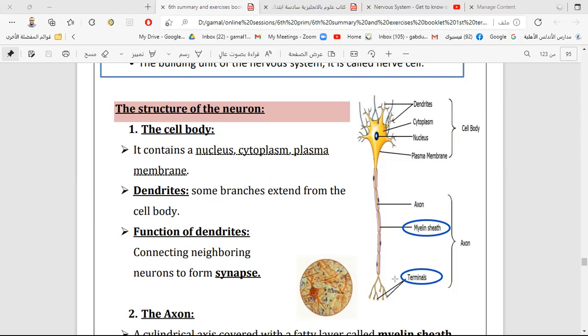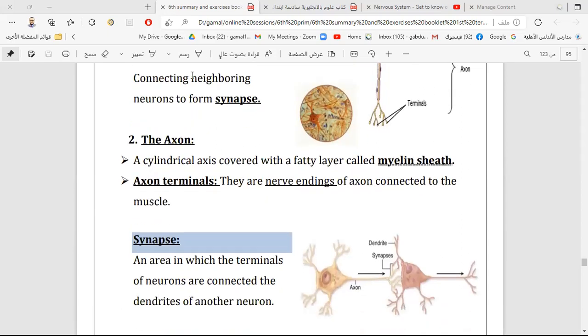The axon extends through the spinal cord, then extends through the nerves, then reaches all body organs. There are axons in your hand, in your leg, in your abdomen, in all body parts. You have nerves, and the nerve is made up of axons.